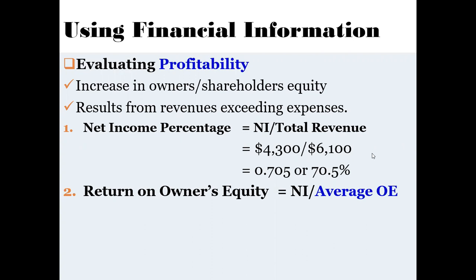So to get that average, we just need to add the 23,660 and the 39,260 and divide that sum by 2. And what is our average owner's equity then? 31,460. 31,460. My darlings, please remember.